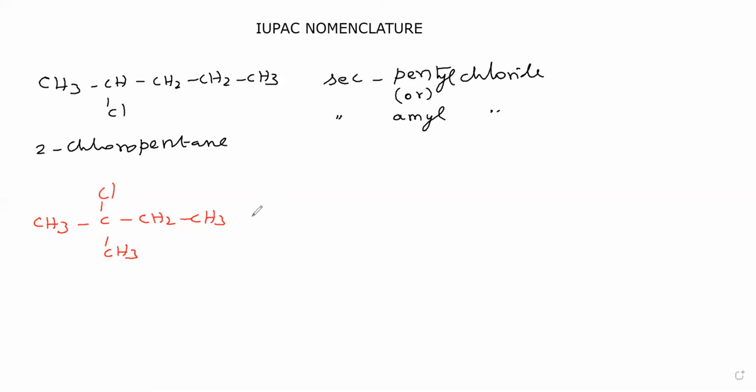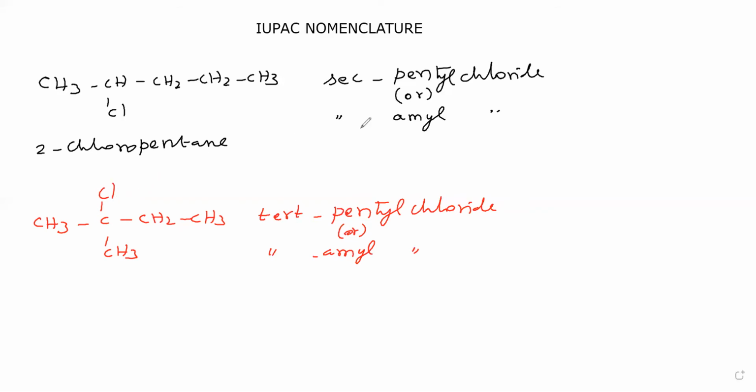Then 5 carbon atoms means pentyl, and in the place of pentyl we can say amyl. Cl we say as chloride. So this is tertiary pentyl chloride, otherwise tertiary amyl chloride.